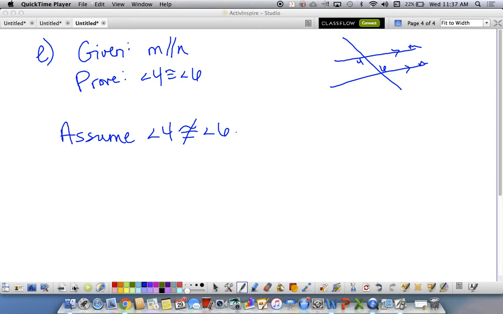And what do you know about if lines are parallel? Then those two angles have to be congruent. So, how do we want to say that?